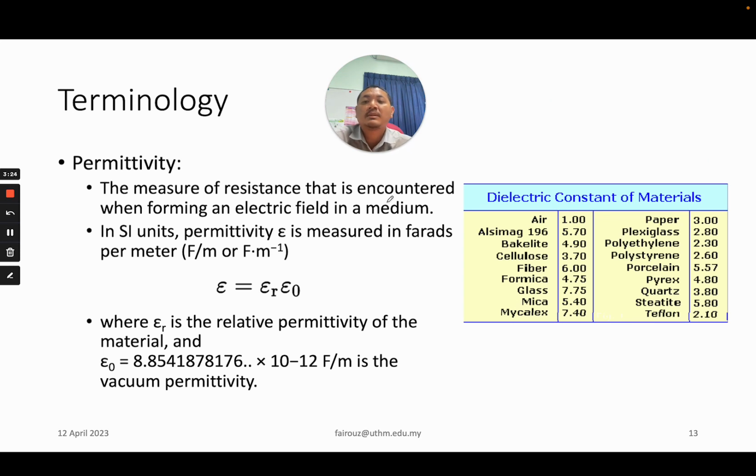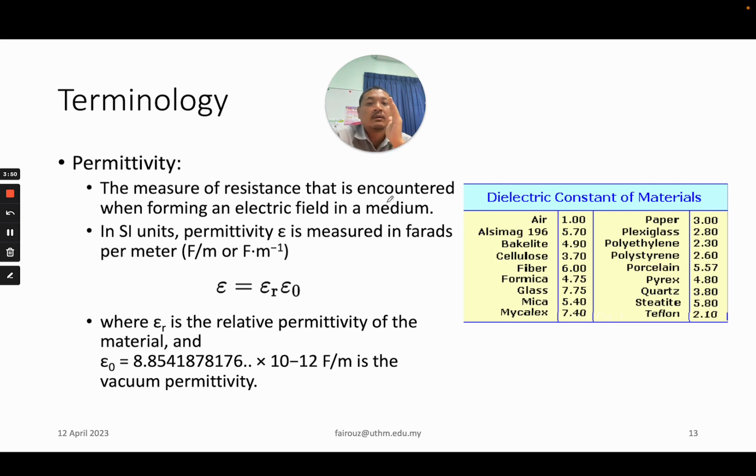So next is permittivity, the measure of resistance that is encountered when forming an electric field in the medium. So we apply an electric field, and then the positive and negative charges in the molecules will try to align according to their charges.